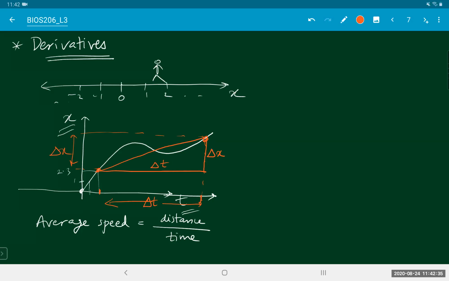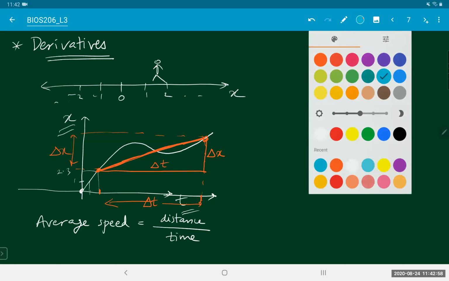But you see, this value is going to keep changing depending on what interval I take. So delta x over delta t, you can see, is the slope of this line. But the slope changes depending on what 2 points I take.